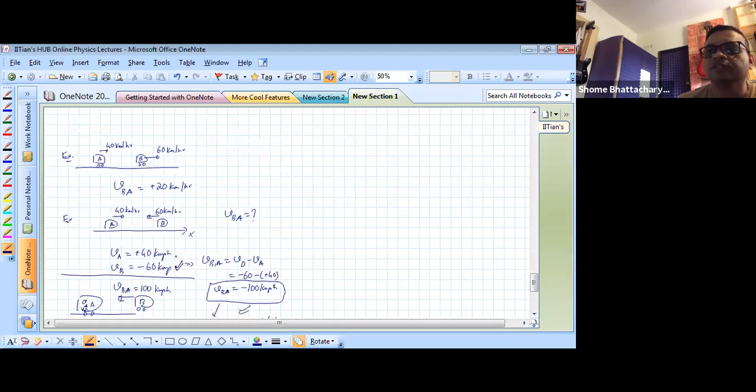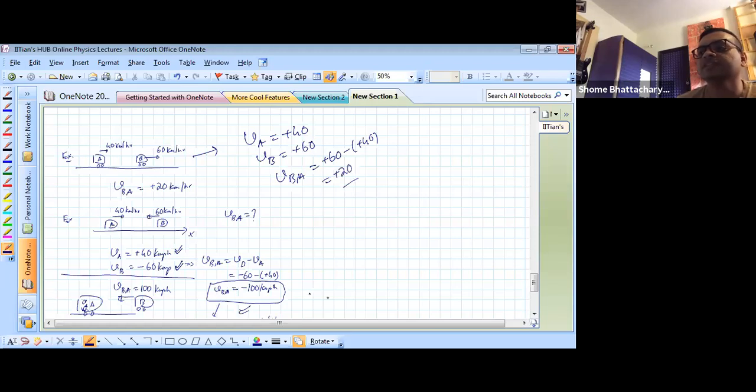Whereas E is moving towards the right, so its velocity is given with a positive sign. Understood? Whereas in this example, if we are taking VA as plus 40, then we should take VB also as plus 60. So that is why V of B with respect to A is becoming plus 60 minus of plus 40. Plus 20. But in this example, it becomes minus 100.